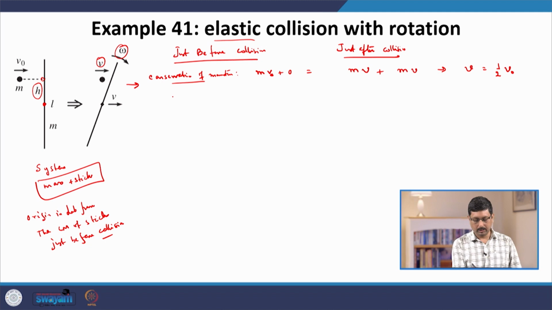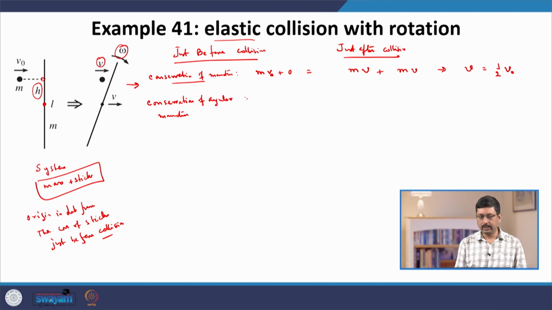Now let us apply the conservation of angular momentum. With respect to this origin, the point mass, even though it is moving in a straight line in translation, still has an angular momentum because of the definition r cross p.